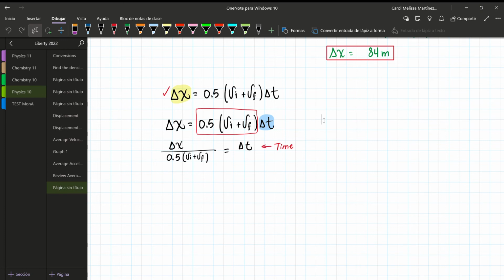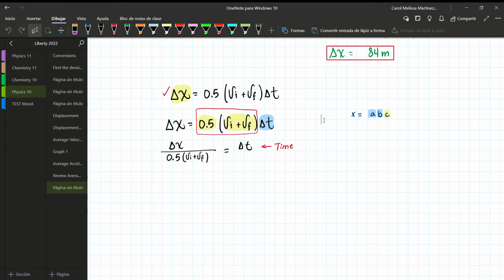Okay, I repeat, the two terms, the 0.5 and the parentheses, are multiplying the time. So if they are multiplying, when you isolate, you send them to the other side to divide. It's like in math. For example, you say that x is equal to a times b times c, and you want to know what c is. A and b are multiplying c.